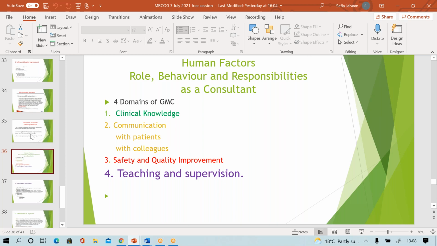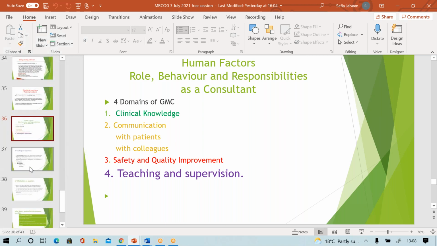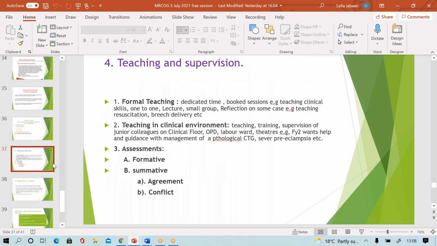Okay, so that was a bit of a taster on quality and safety improvement. Then is teaching. The fourth role of a consultant is teaching and supervision, and how we do them. Teaching has different categories, and again, from the examination point of view, you need to be aware, according to the station, which template or method of teaching you are going to adopt.